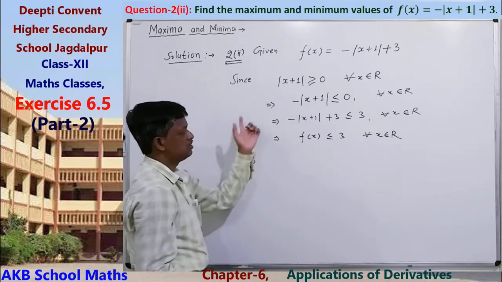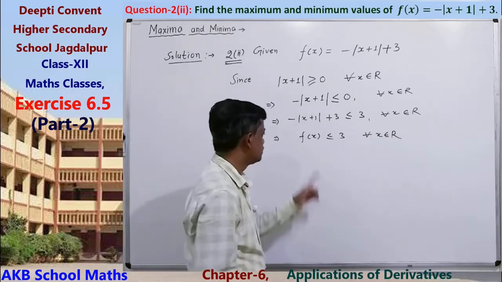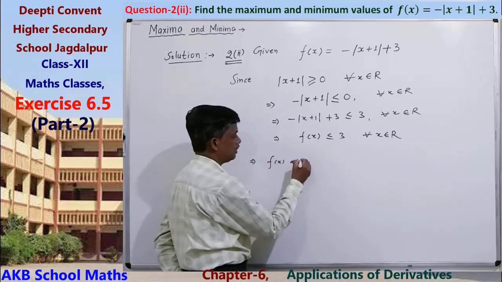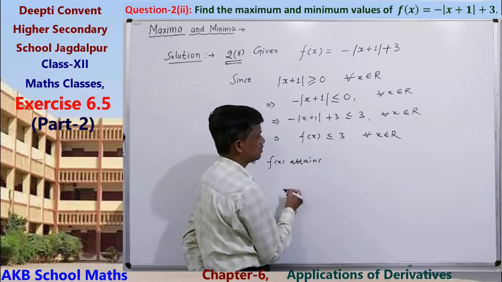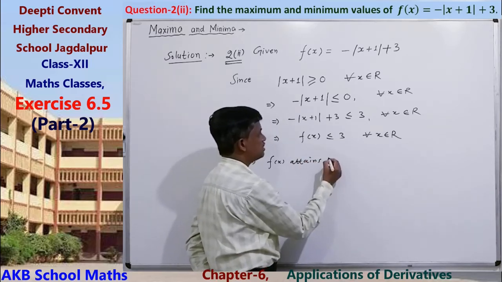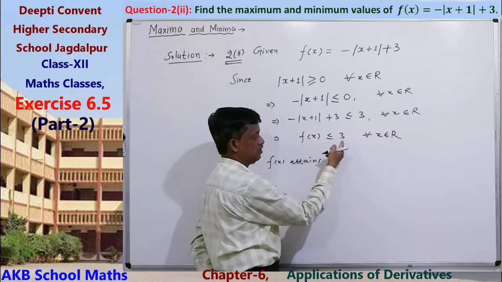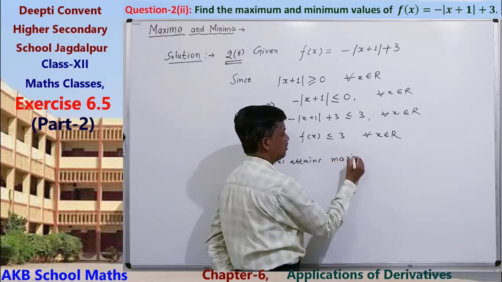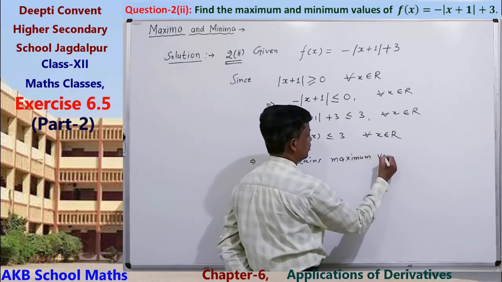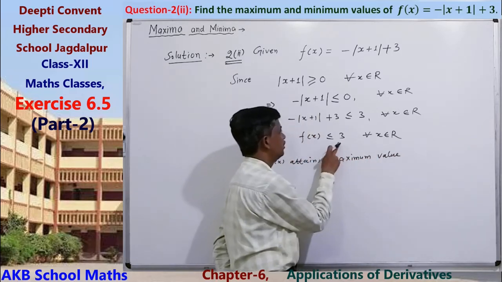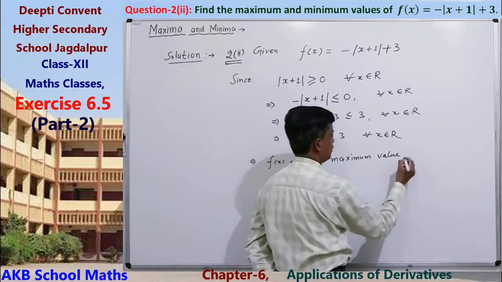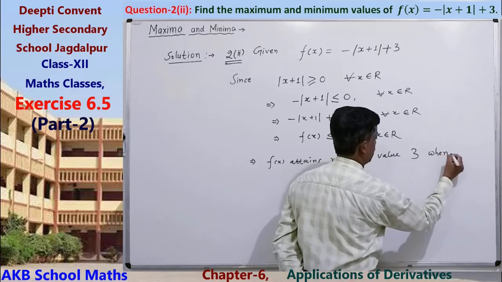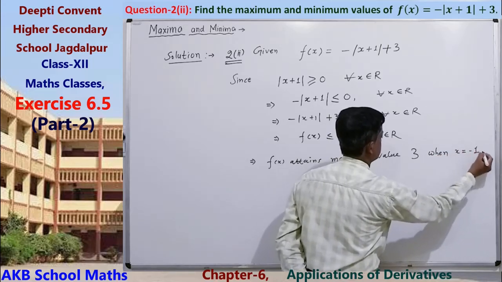In a similar fashion to the first question, f(x) attains its maximum value, always less than or equal to 3, when x equals minus 1.